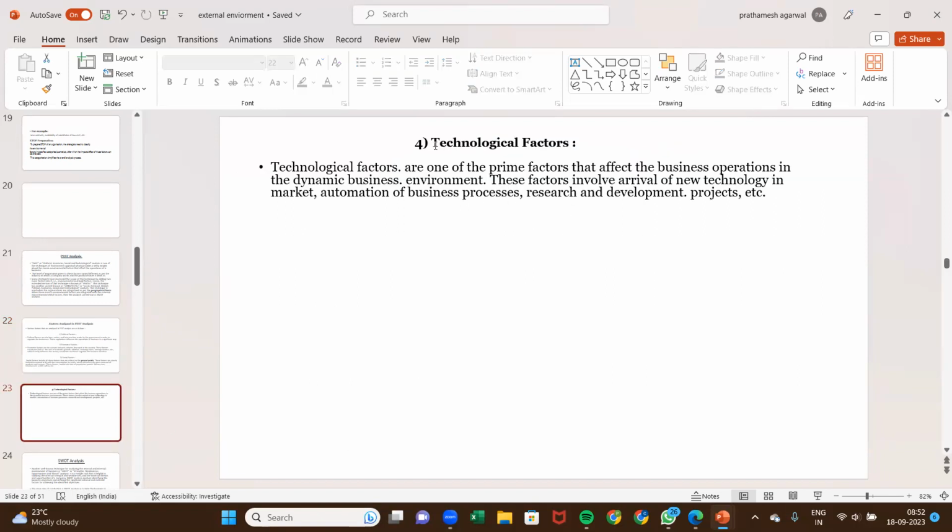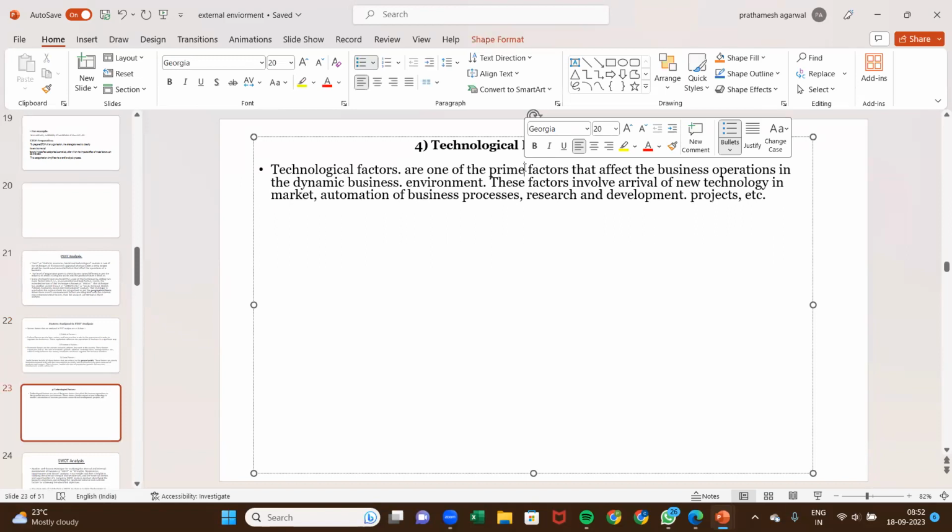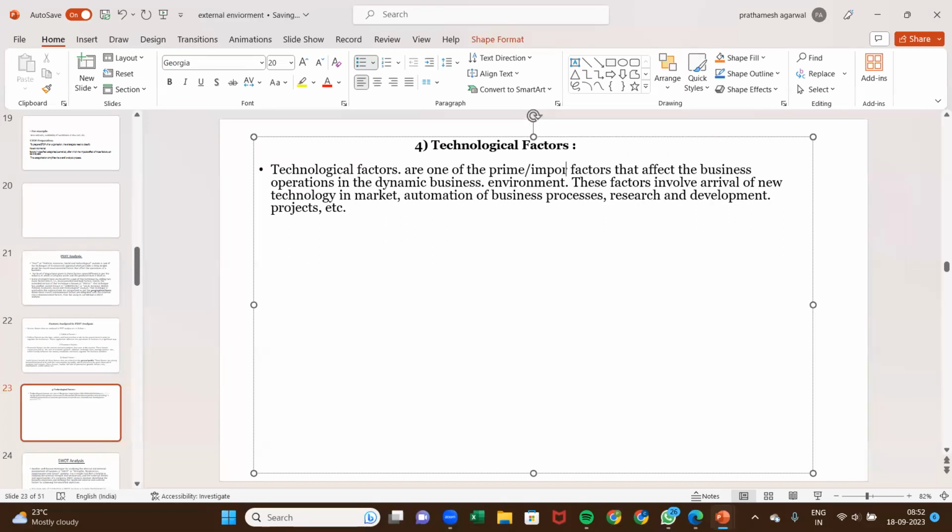And the last one is the technological factors. The technological factors are one of the prime, important factors that affect the business operations in the dynamic business environment, because a business environment can never be static, it can never be stationary, okay?